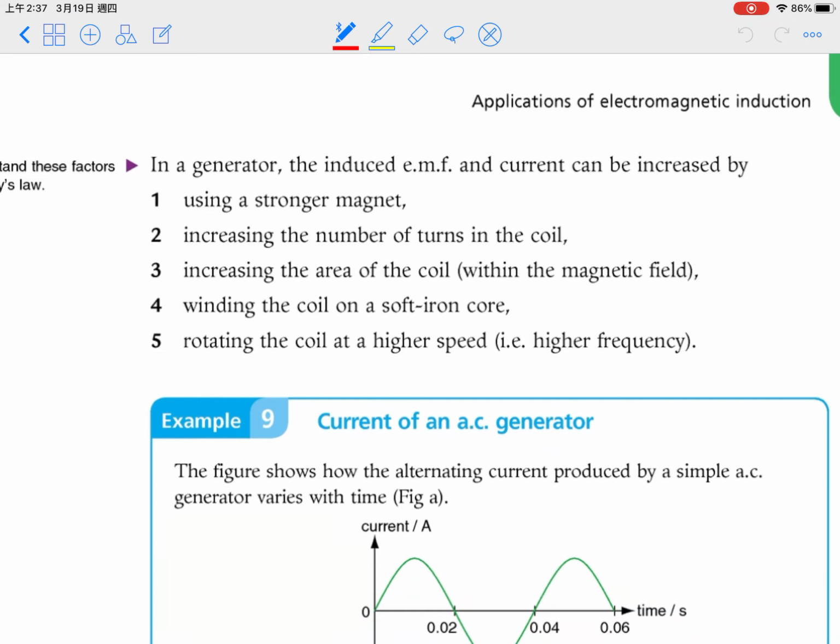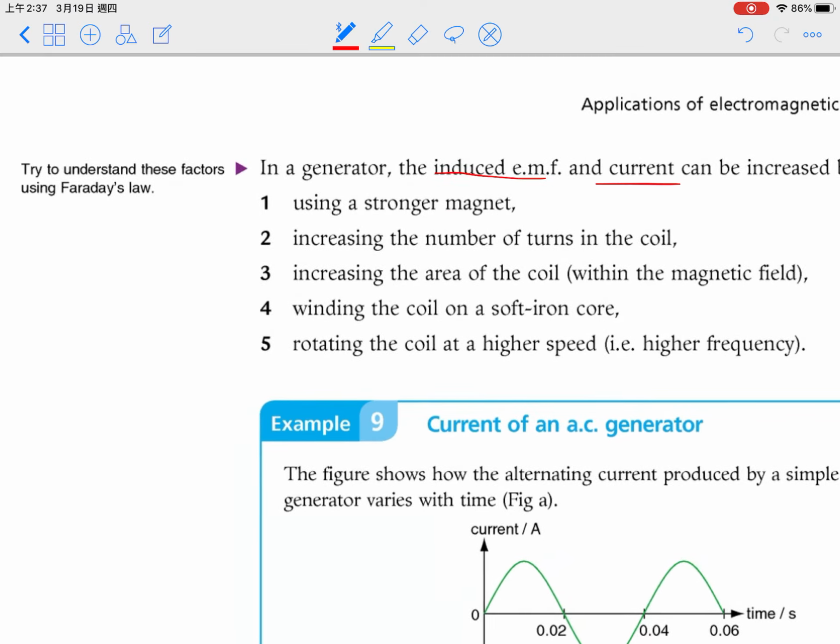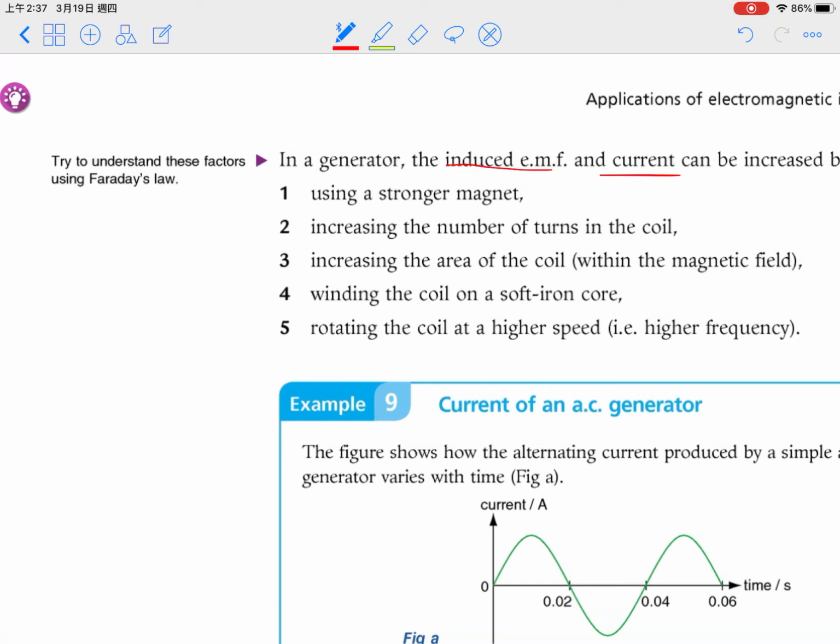After we can make a generator successfully, we want to study how to increase the induced EMF and induced current. We have a hidden equation: induced EMF equals NBAω.